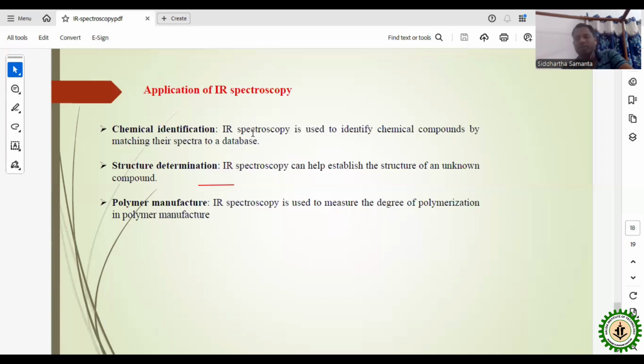It also helps to measure the degree of polymerization. So this is the IR spectra. We already discussed this IR spectra. From this IR spectra, we understand what type of functional groups are present in the molecule. So this is the basic concept of IR spectroscopy.